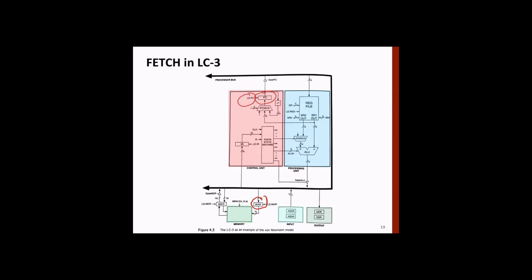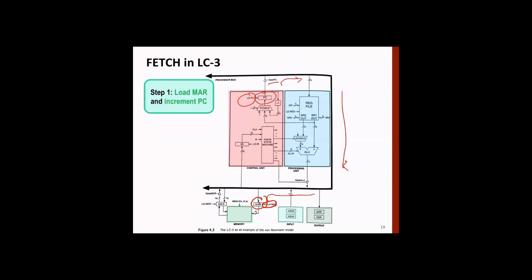Who will give this control signal? This is the responsibility of the FSM. It will enable this gate, which means the program counter's content will go to the bus, come here, and finally reach the memory address register. The memory address register again has a control signal here. Once this control signal is enabled, whatever is coming on the data bus will be transferred here. This step is shown here.